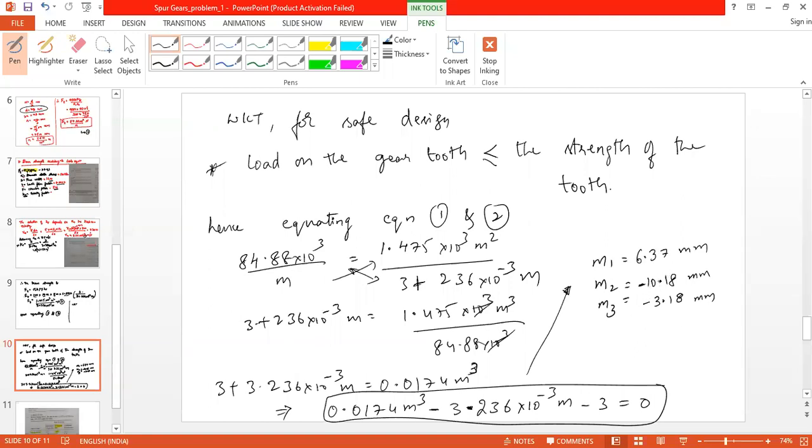If m2 is minus 10, then we need to choose 10 as the module. By neglecting the sign, whichever has got the maximum value, that we need to choose. But here the second value is minus 3.187, so the module is 6.37.